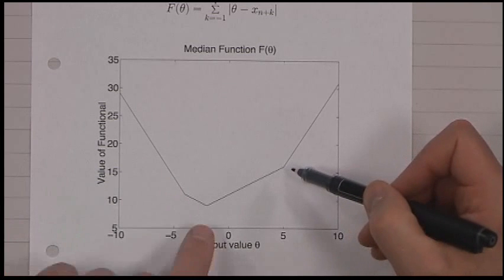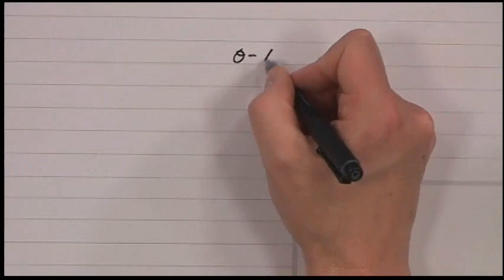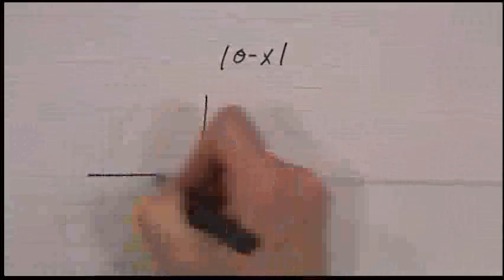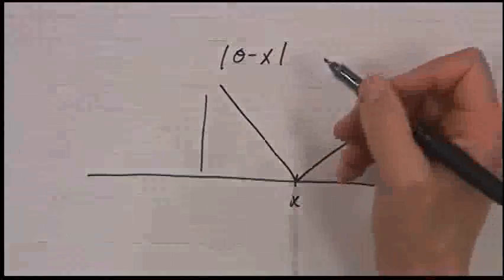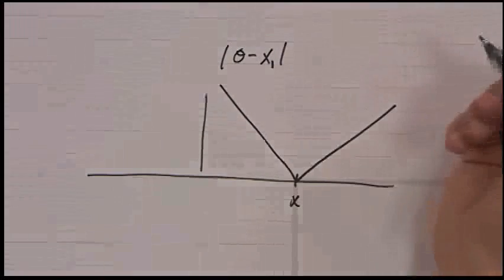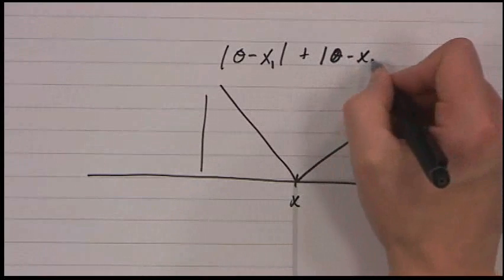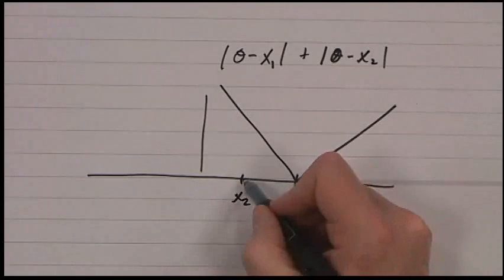If you have theta minus x, the function you get here, this is x, is a function like this. We'll call this x1. And then if you have plus theta minus x2, and let's say x2 is here, then you're going to get this.